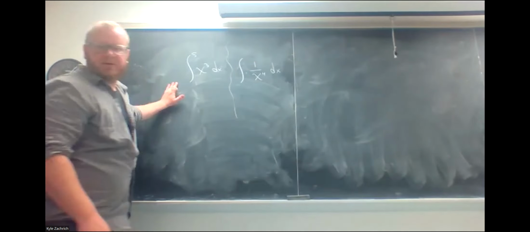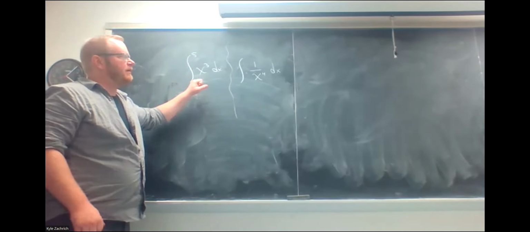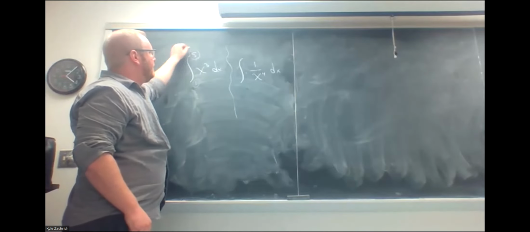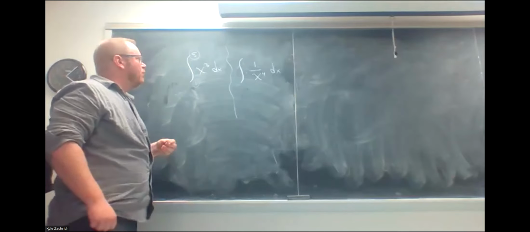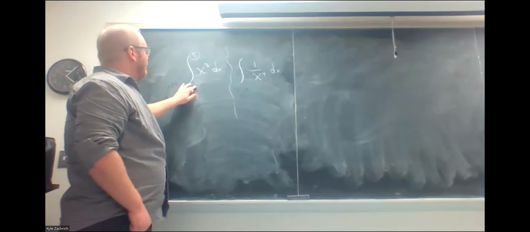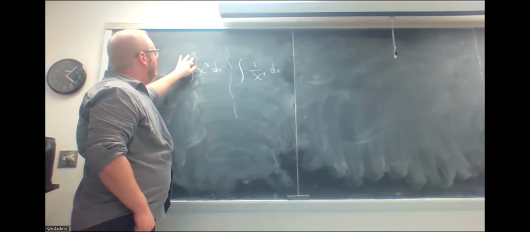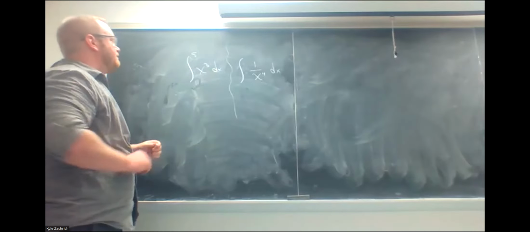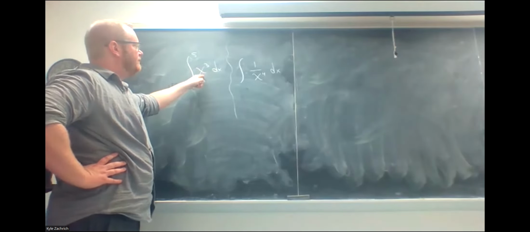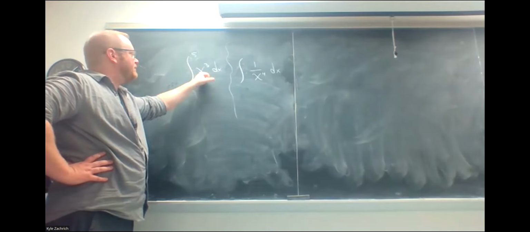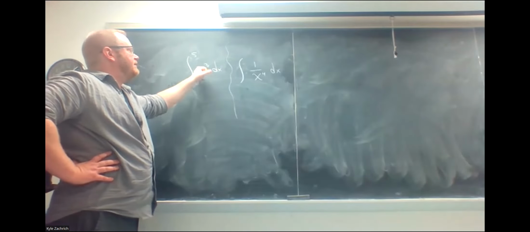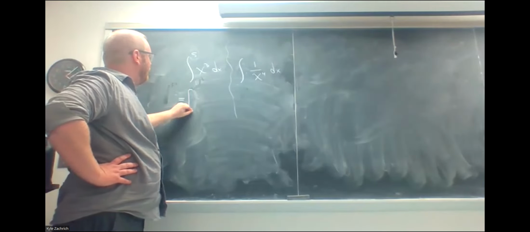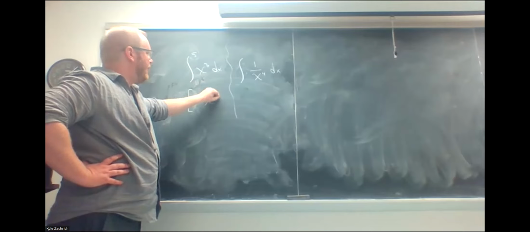So these are the two types of integrals. This is a definite integral. This is an indefinite integral. You know this one's a definite integral because it's got the 1 and the 5 up there. But if you're trying to figure out the antiderivative of this, we have a rule that says for x to any power, you take that power and add 1 to it.